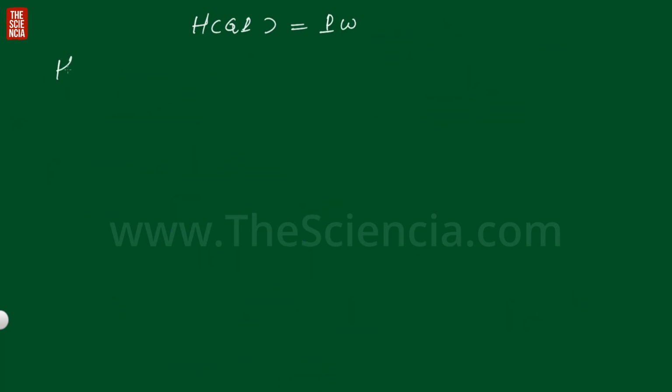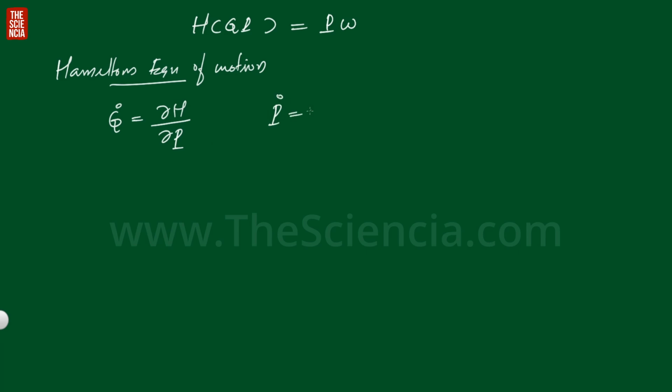Now we have to find the Hamilton's equations of motion. So Hamilton's equations of motion in new coordinates are Q dot is equal to dou H by dou P, and P dot is equal to minus dou H by dou Q. Here we need only this one.